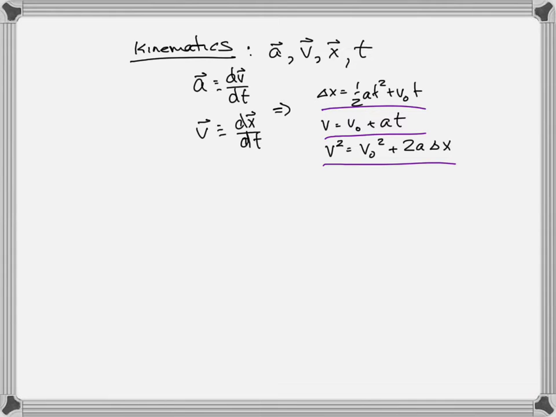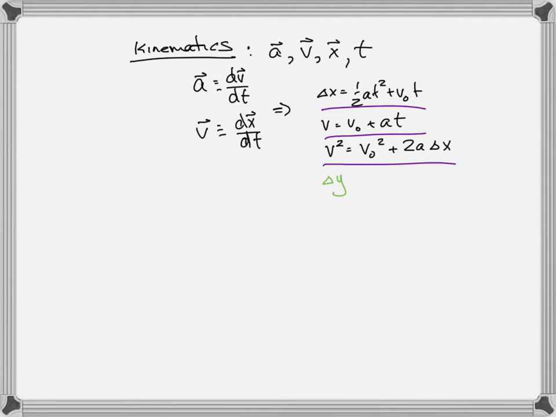So then we say, well, okay, that's one dimension, but we move into chapter 2, which is vectors and the fact that we live in a three-dimensional world, and therefore you can write these same equations for the y direction. That also means we have to put subscripts.